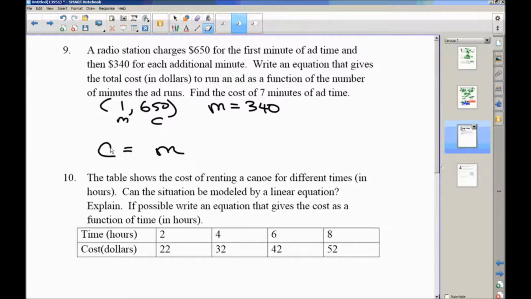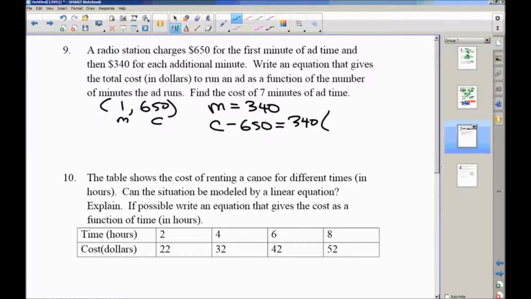So I can write my function in point slope form first. So my cost minus $650 equals the slope, and then the number of minutes minus 1. Okay, and then I'm going to solve this equation for C so I can put it in slope intercept form, which is easier to work with for our other stuff. So I'm going to do 340 times m for 340m, and then 340 times 1 for 340.